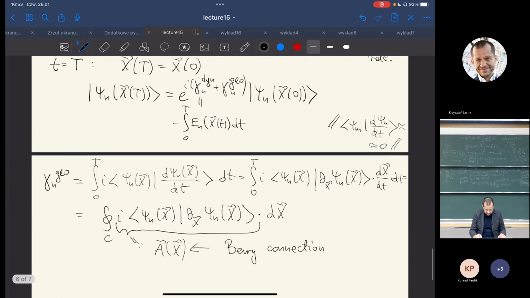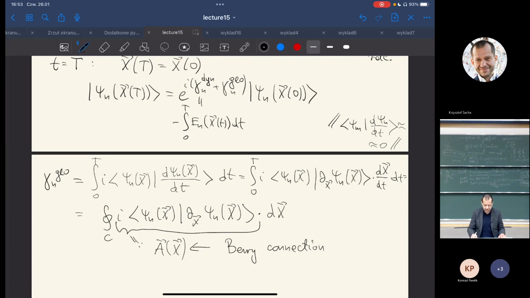So, of course, we probably know very well that this geometrical phase was known for years, but it was not considered an important contribution to the system evolution because people thought that it can be eliminated by a gauge transformation. What does it mean?